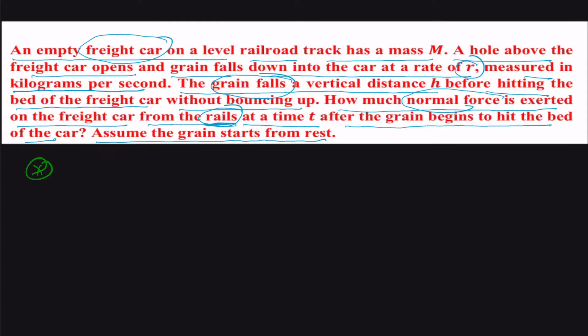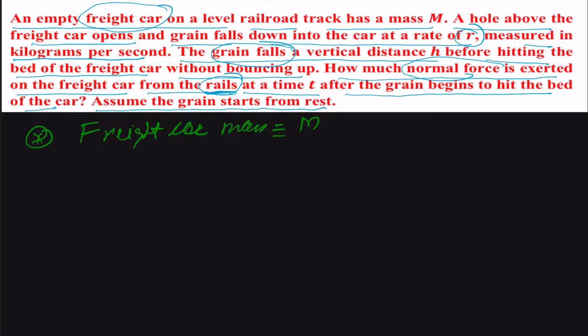So we are given that we have a freight car and its mass is given as capital M, and we are given that the grain falls vertically at a constant mass rate.